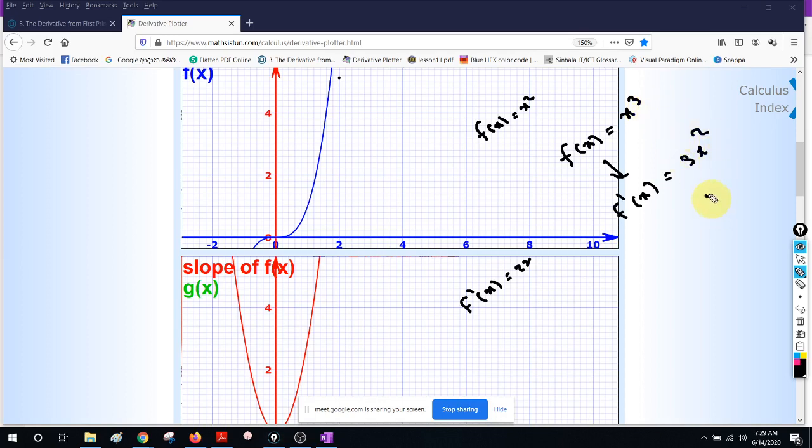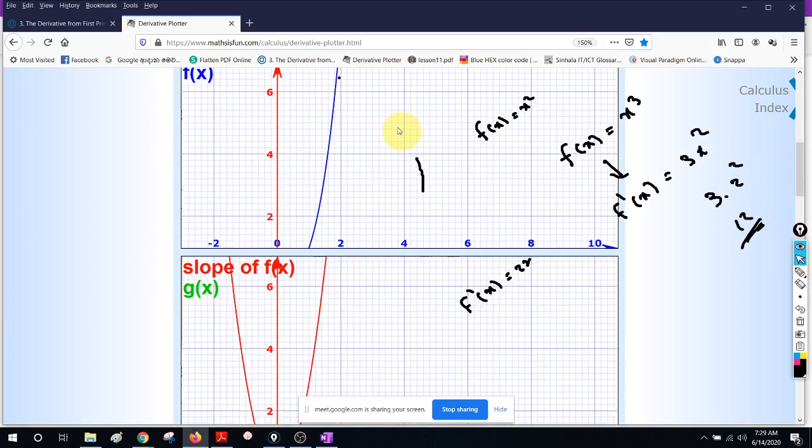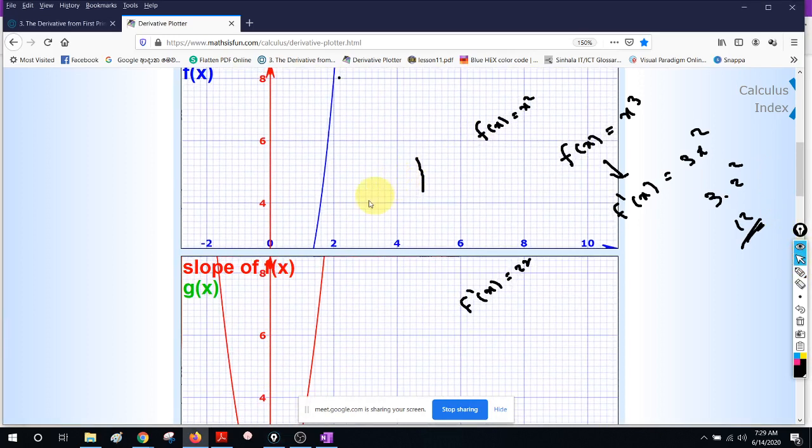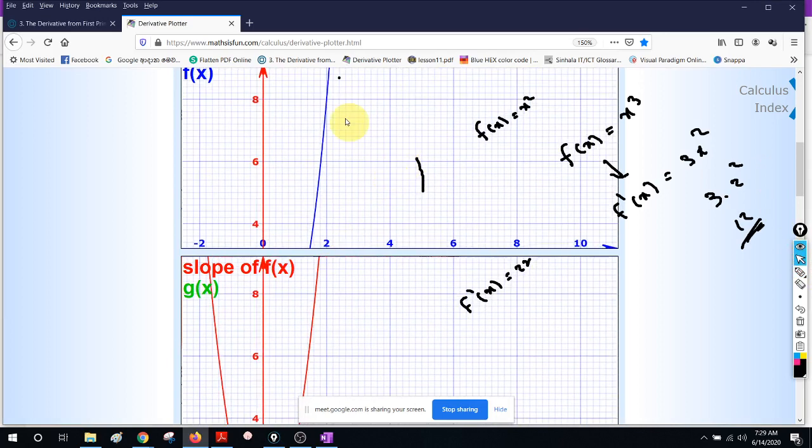Substitute here: 3 times 2 squared. 2 squared is 4, so the answer is 12. You can find that from the graph also, at a point somewhere here.